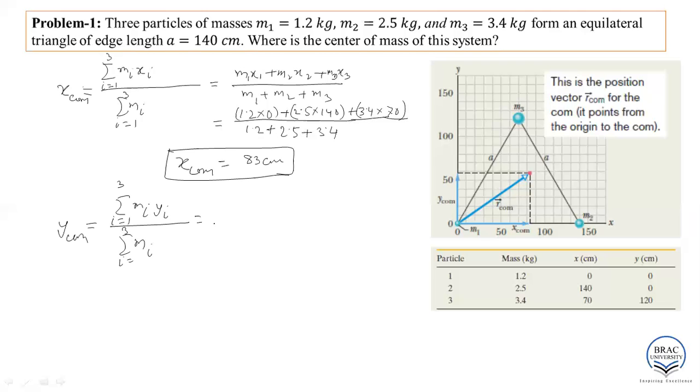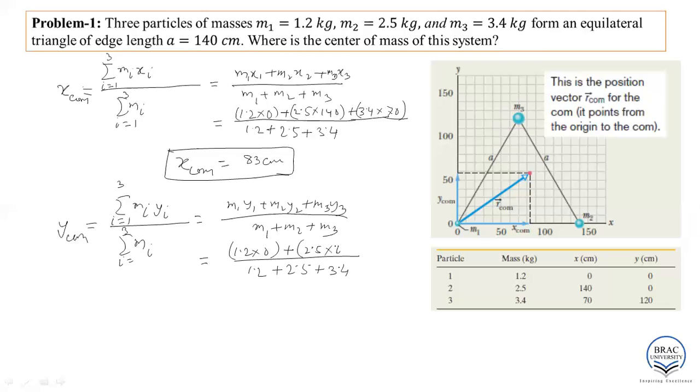So we get the same form here: m1 y1 plus m2 y2 plus m3 y3 divided by m1 plus m2 plus m3. Now if we put the values, we get m1 is 1.2, m2 is 2.5, and m3 is equal to 3.4. Here 1.2 into 0, the y coordinate for the first particle, is 0.